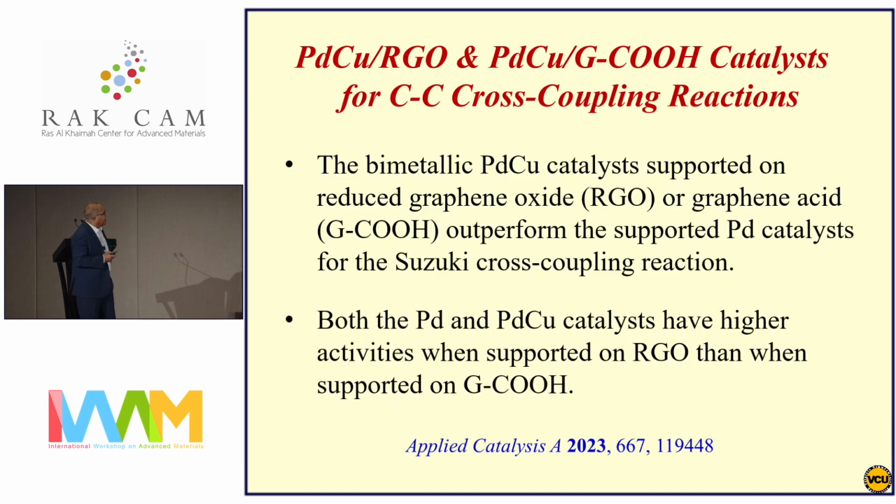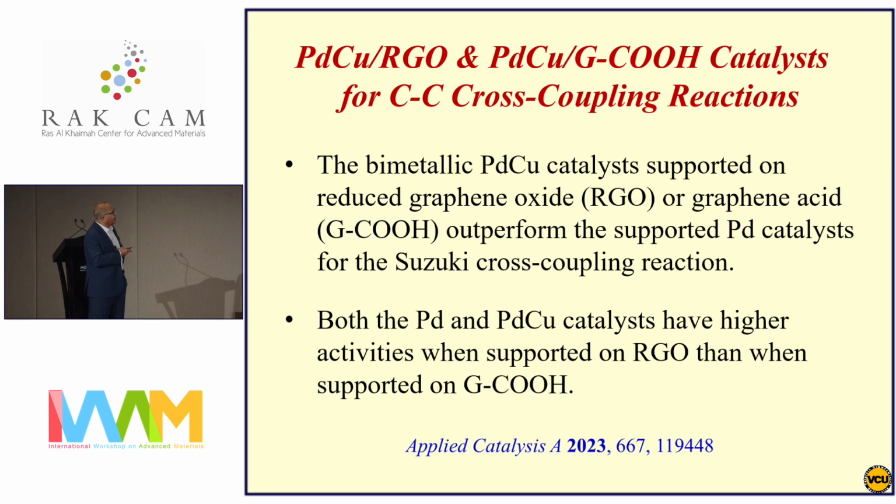So for this part, we can conclude this work, which just appeared last year in Applied Catalysis, that first, the bimetallic palladium-copper is more active than the palladium catalyst alone. This is the case whether supported on graphene oxide or on graphene acid.